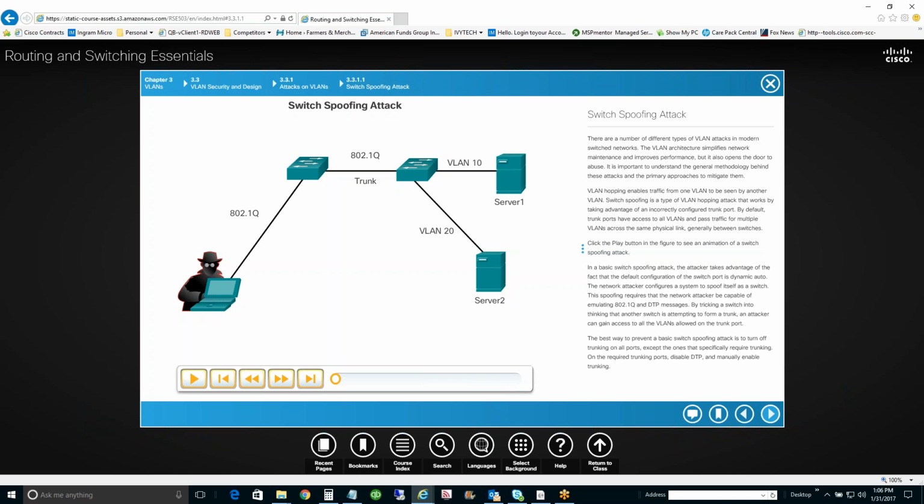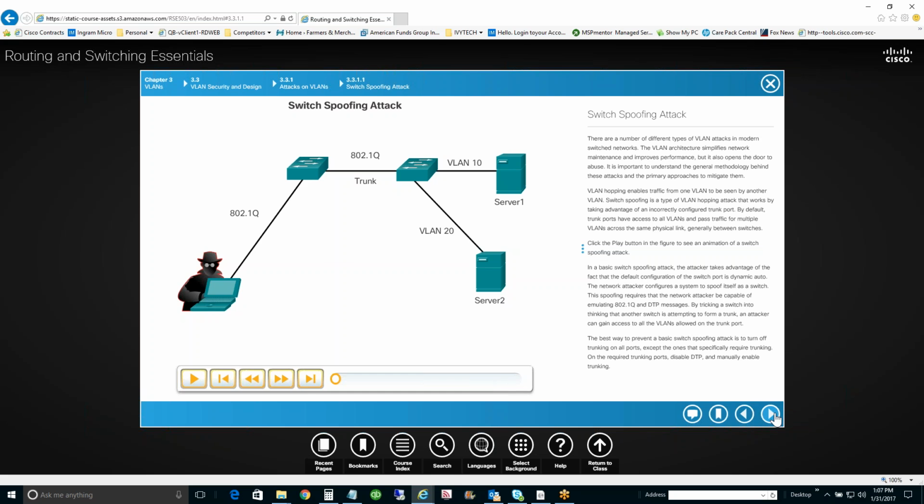The network attacker configures a system to spoof itself as a switch. The spoofing requires that the attacker be capable of emulating 802.1Q and DTP messages. By tricking a switch into thinking it's another switch and attempting to form a trunk, an attacker can gain access to all the VLANs on the trunk port, which is what we talked about earlier.